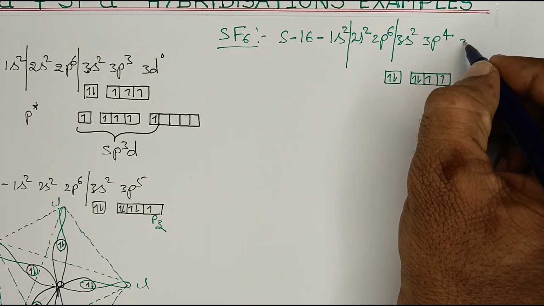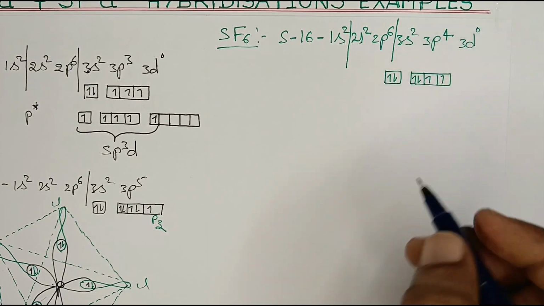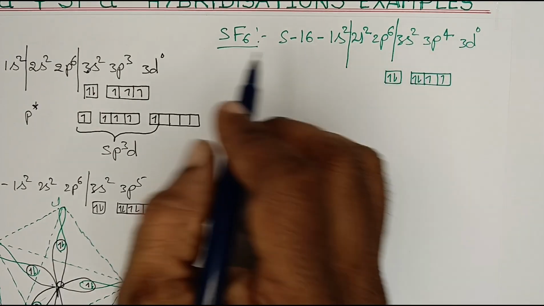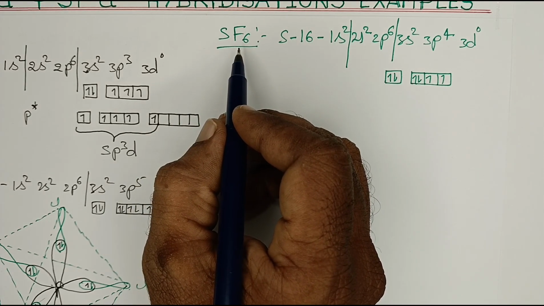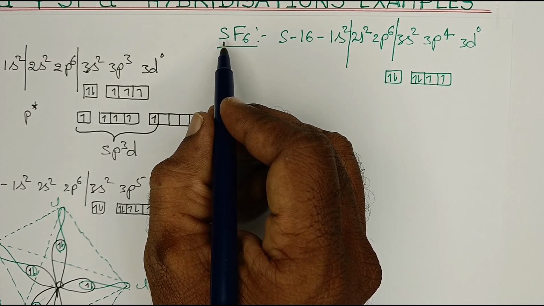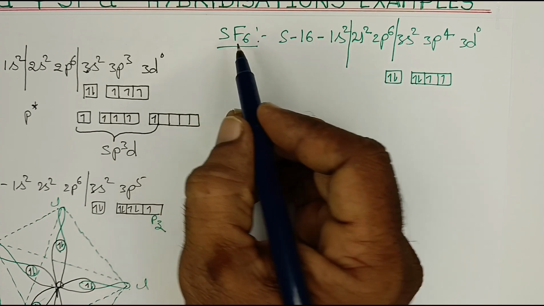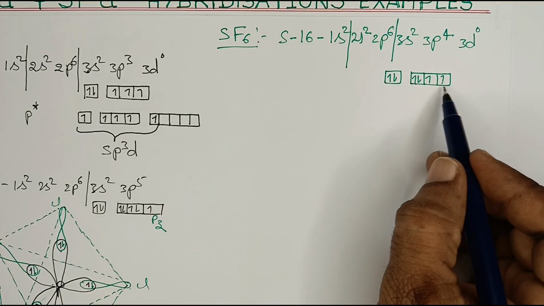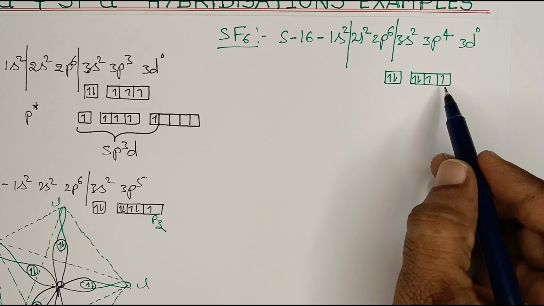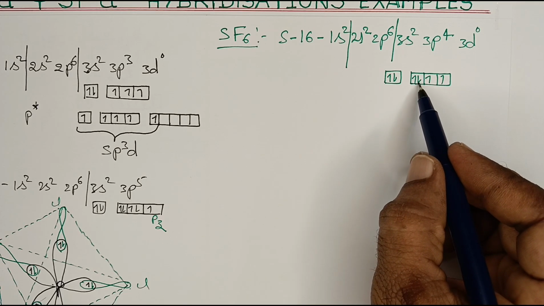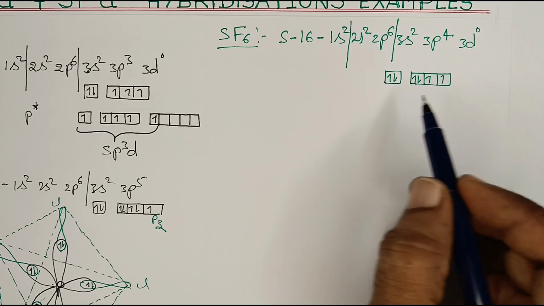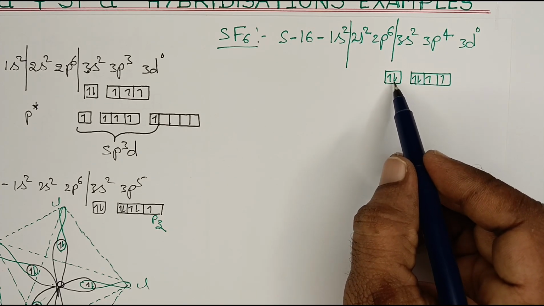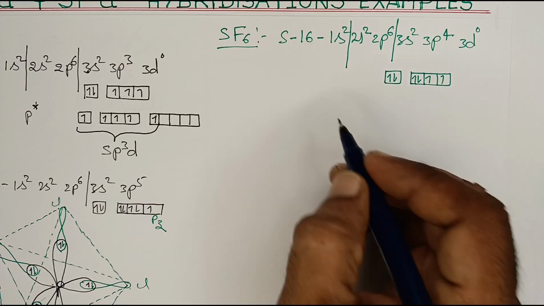Here an empty 3d orbital is also there. So sulfur is attached with 6 fluorine atoms. So sulfur should have 6 unpaired electrons, but it contains only 2 unpaired electrons. First we have to jump an electron from 3p to 3d, and a second time we have to jump an electron from 3s to d.